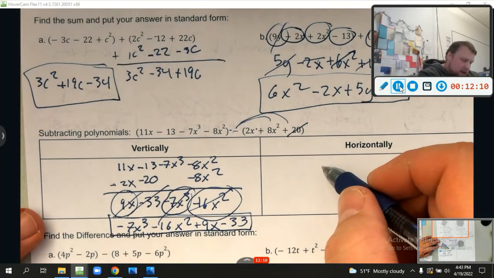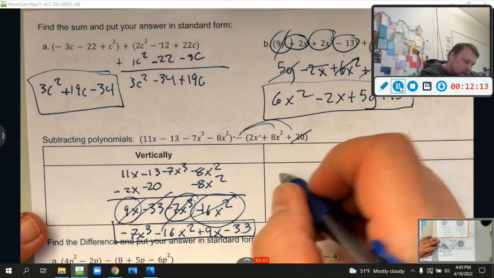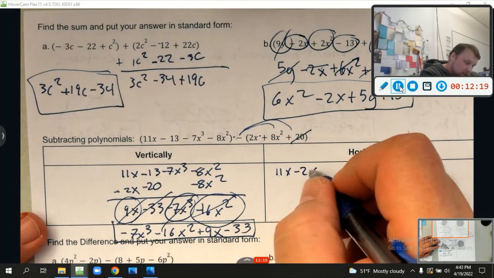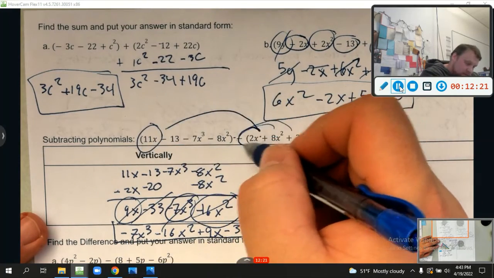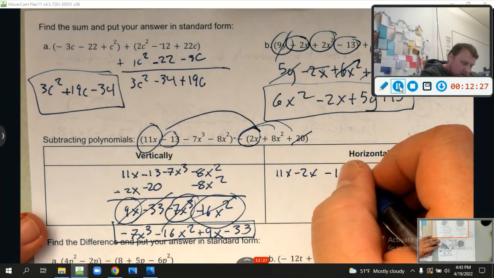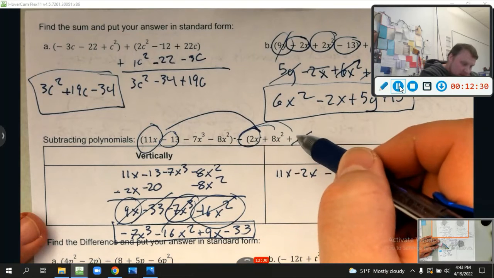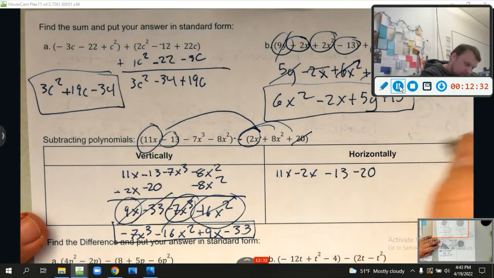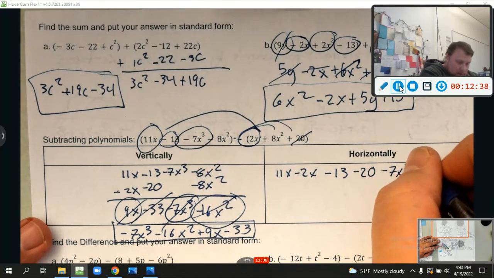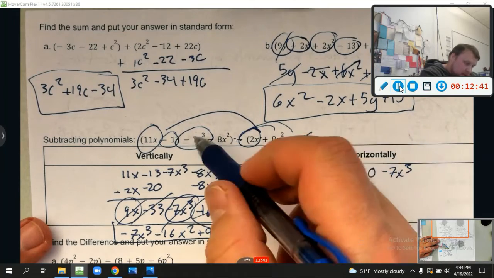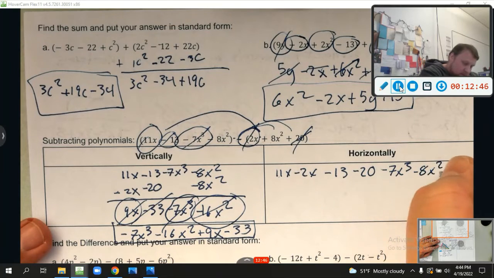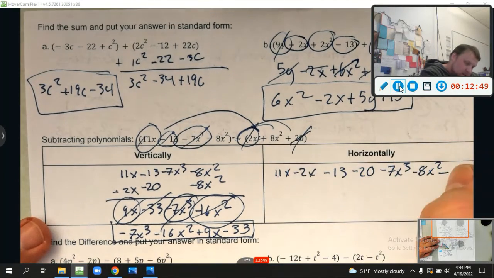Let's do this last one right here. Horizontally, I would go, all right, 11x minus 2x, right? I'm going to match this over here. And then I'm going to have negative 13, and it's going to be minus positive 20, which is just minus 20. And then I'm going to have negative 7x cubed, and there's nothing to match that with. And then I'll have negative 8x squared minus positive 8x squared, or just minus 8x squared.